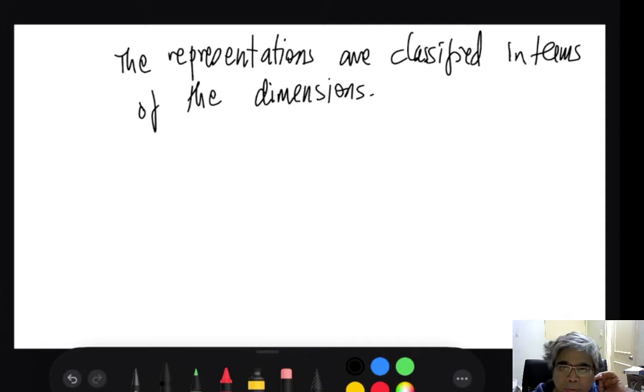Okay, so the representations are classified in terms of the dimensions, in terms of the dimension of the matrices.